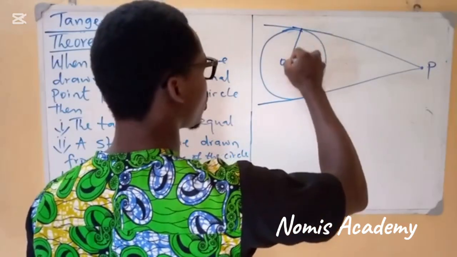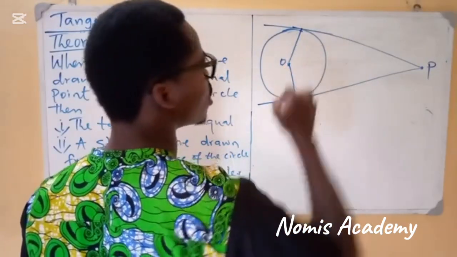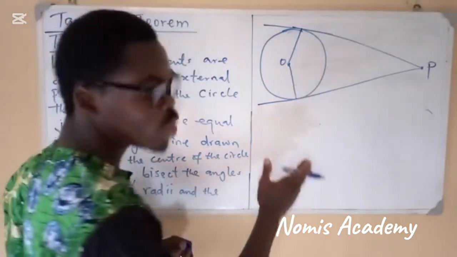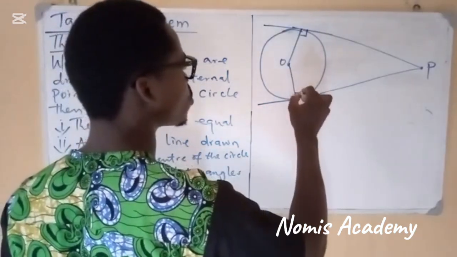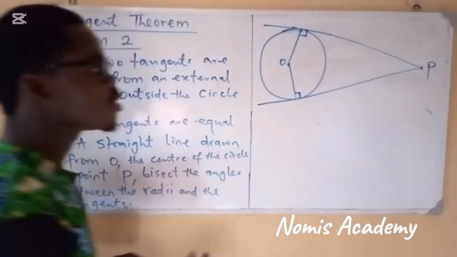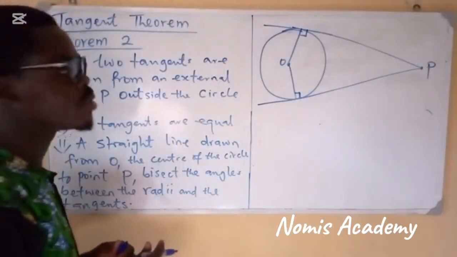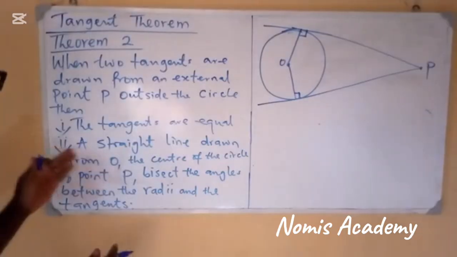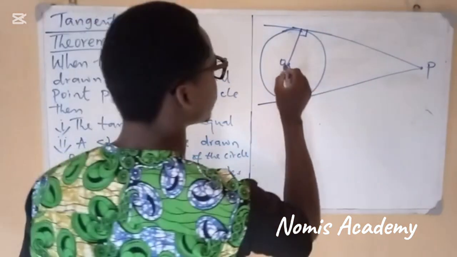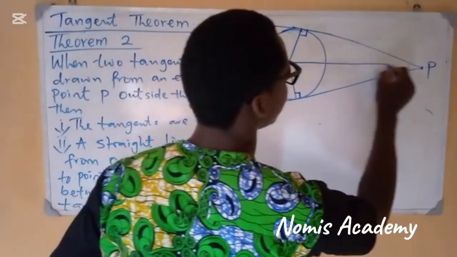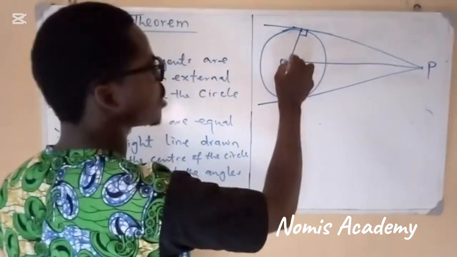Of course we know that the tangent is always perpendicular to the radius of the circle. Now the second condition is saying that if a straight line is drawn from center O to P, then it bisects the radii.